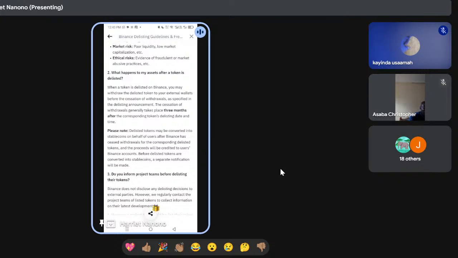So they can convert your token to USDT or USDC, just in case 3 months elapse after the delisting date and you did not convert it or do anything. That's what happens. Before delisted tokens are converted into stablecoins, a separate notification will be made. They don't just convert to stablecoins without informing you.